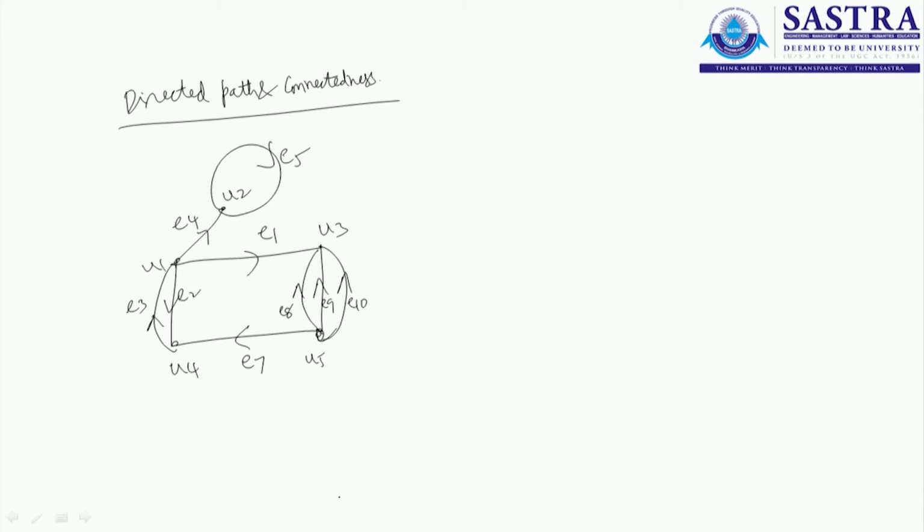Now I define a directed path. What is the directed path? A directed path here is U5, E8, U3, E6, U4, E3, U1.